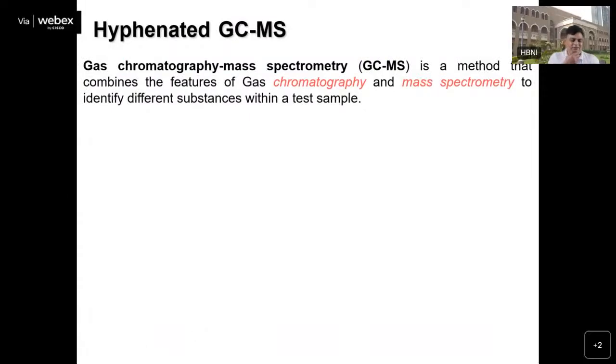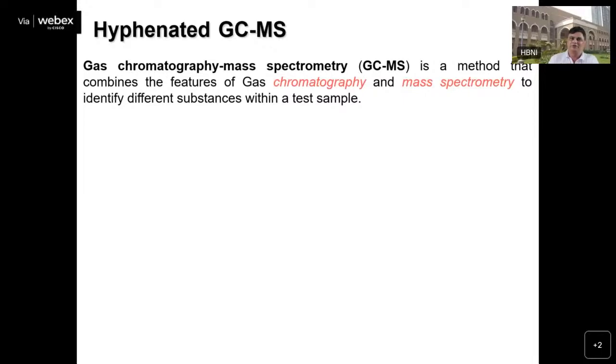Now coming to the next. We have already studied gas chromatography. Now we have hyphenated gas chromatography with mass spectrometry, which we also saw in some brief detail in my third lecture on atomic spectroscopy.